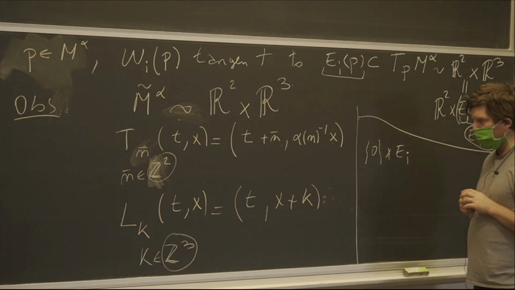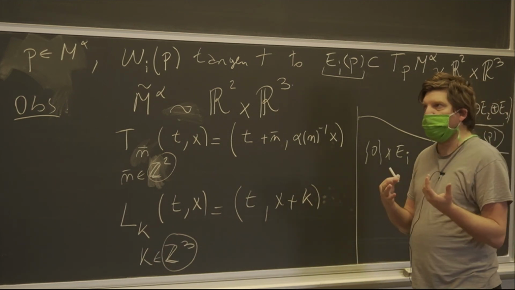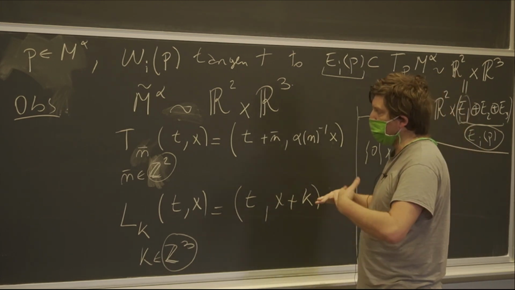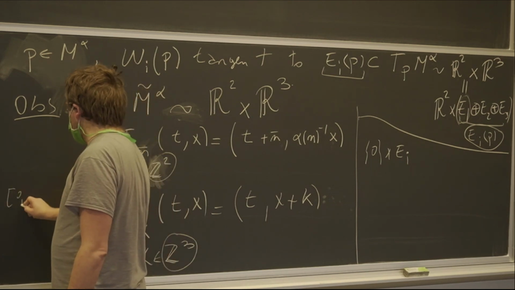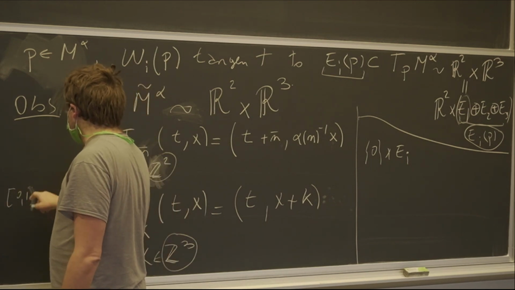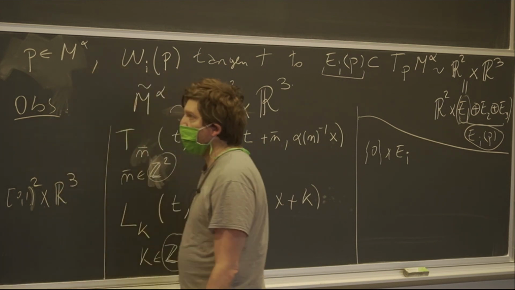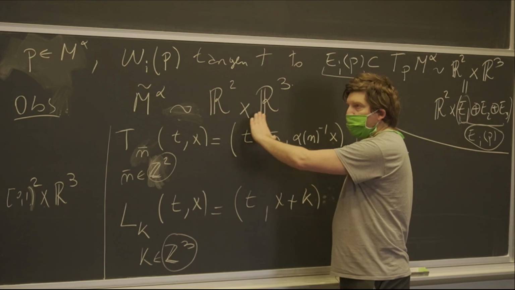Now, typically, what we do when we try to speak about Riemannian metrics or things of this sort in this space, we restrict to some sort of fundamental domain, which is just the 0, 1, even open here, square times R3. So the first coordinate is a fundamental domain for this guy.